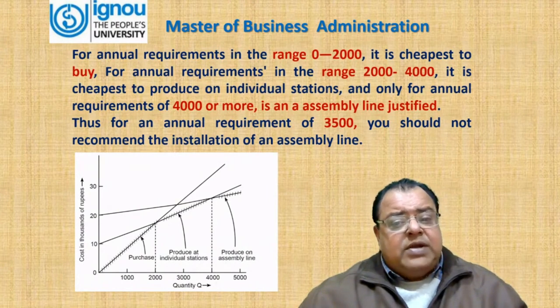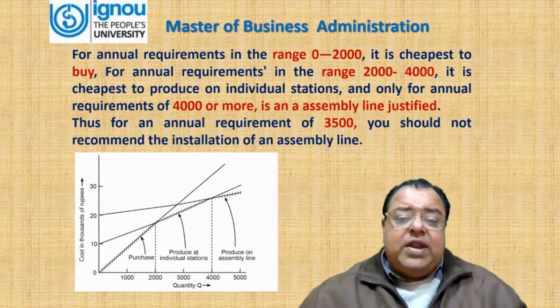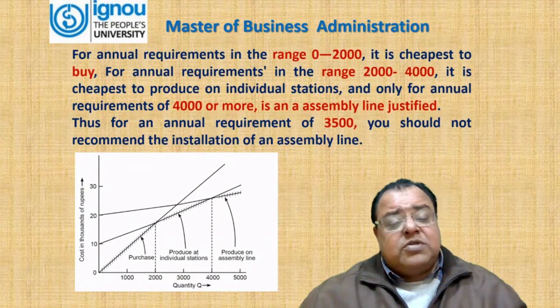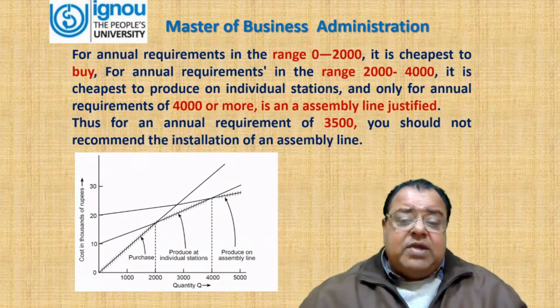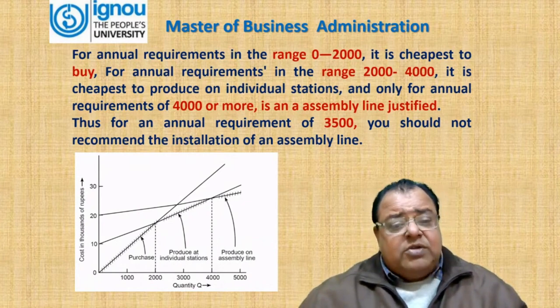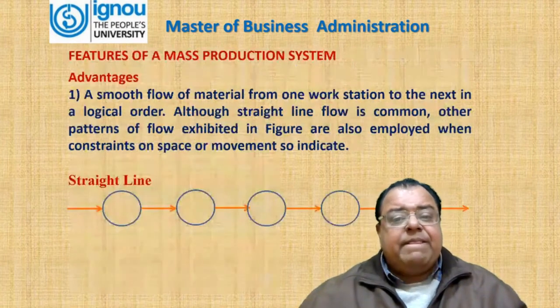For annual requirements in the range of 2,000 to 4,000, it is cheapest to produce on an individual station. And only for annual requirement of 4,000 or more, the assembly line is justified. Thus, for an annual requirement of 3,500, you should not recommend the installation of an assembly line.